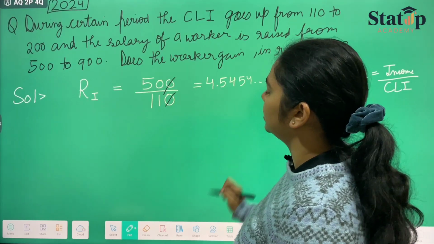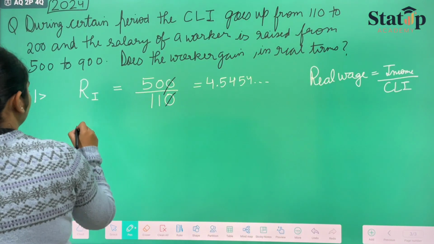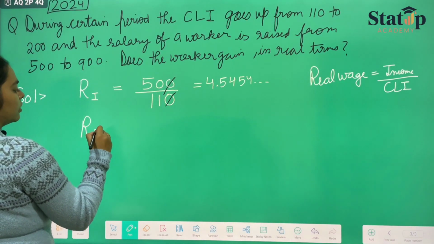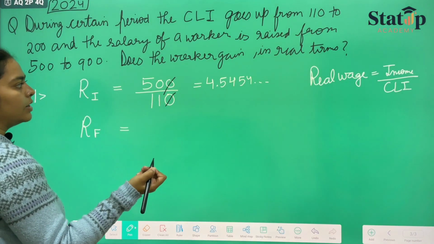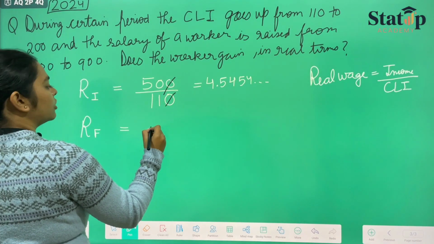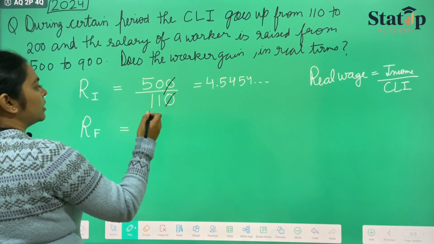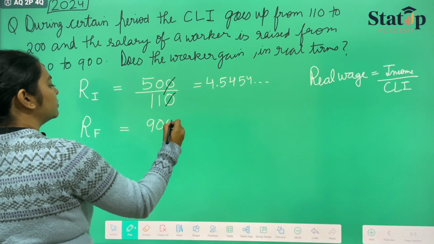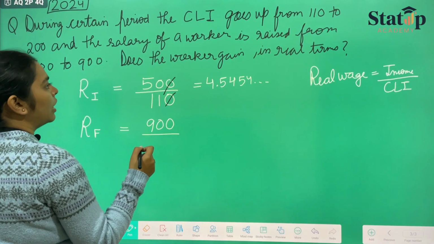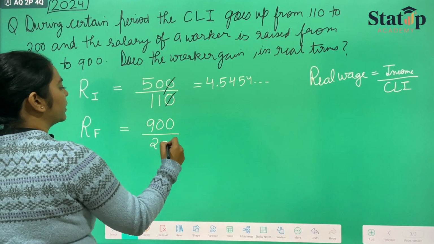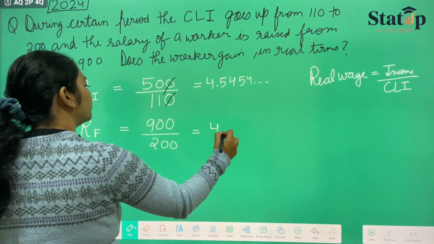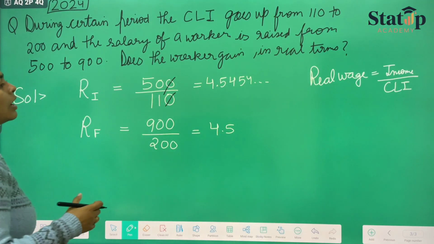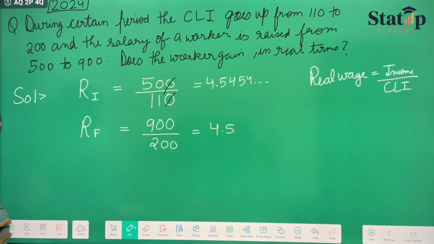It will go on like this only. And the final real wage, I'm writing F, is given as: the income has increased to 900 and the CLI has increased to 200. So it will be equal to 4.5. Now we have to calculate whether the worker whose income has been increased gains or not.